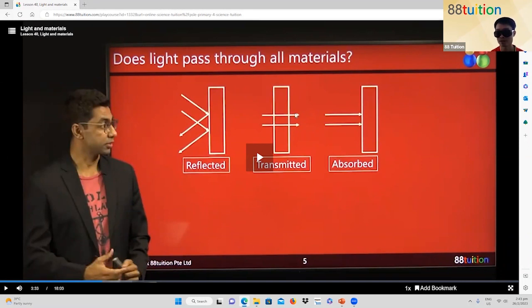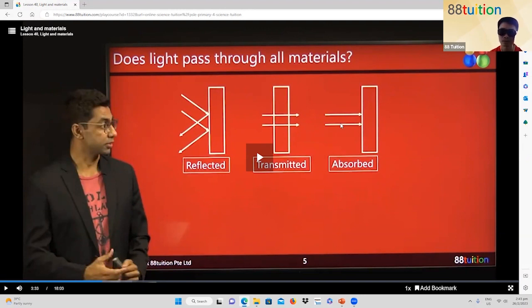Here, you see the lines passing through the materials, am I right? Going through the materials. This is trying to tell us that some light or all or most light passes through the material. In a way, it is transmitted by the material. And here, as you can see, the arrows stop at the surface of the material. Light is absorbed.